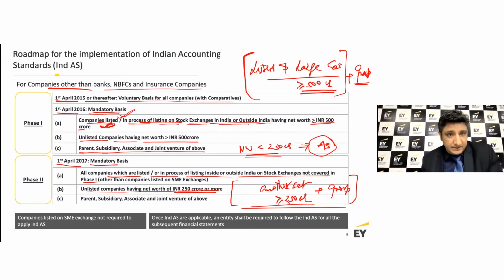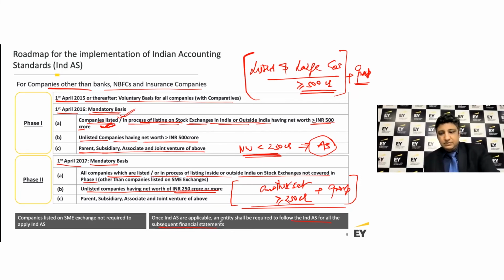There is no choice on that. But any company with a net worth of less than 250 crore rupees has a choice to use Ind AS. And once they have adopted Ind AS, they are required to follow it for any subsequent period. You don't have a choice to pull yourself out.